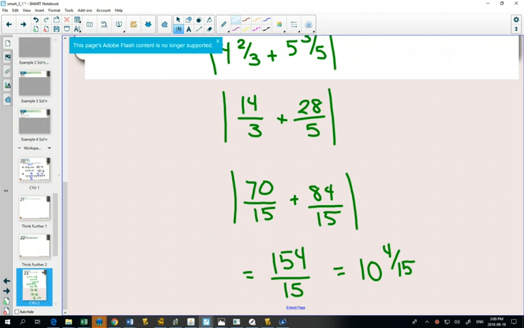Did anybody learn other ways for adding mixed fractions? Or is this the way everybody learned? Okay, improper fractions are good. I like them. If I was adding these together and I didn't want to deal with as big of numbers, 4 2/3 is like 4 plus 2/3 plus 5 plus 3/5. Would you agree that 2/3 is equal to 10 over 15?